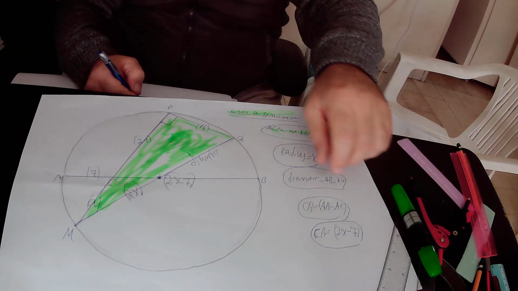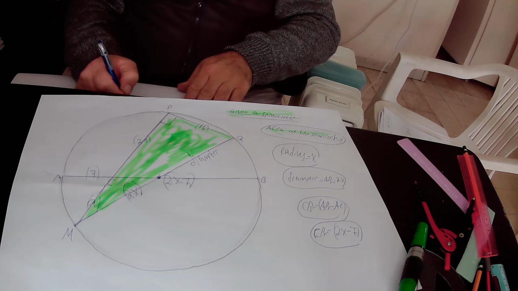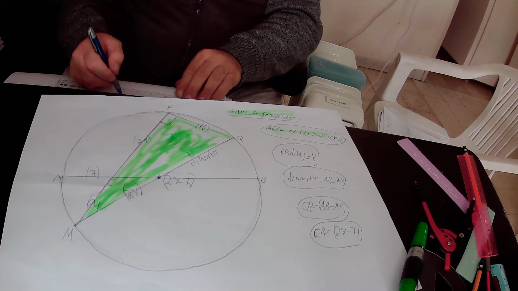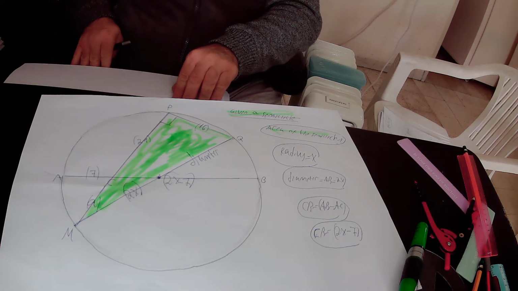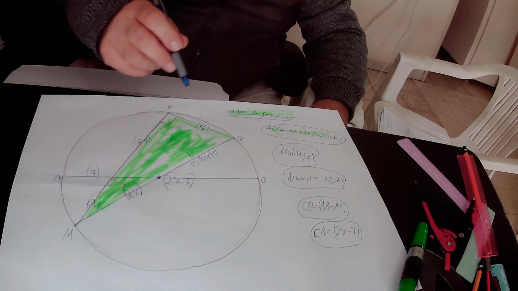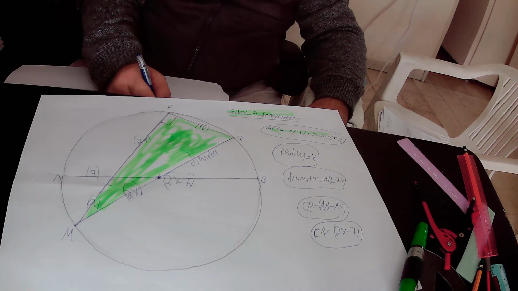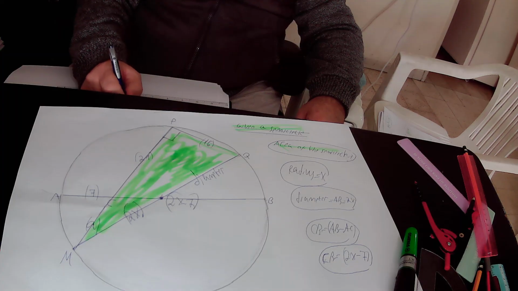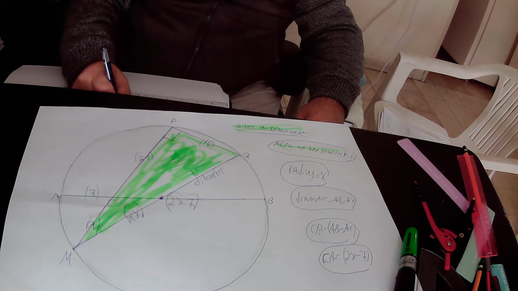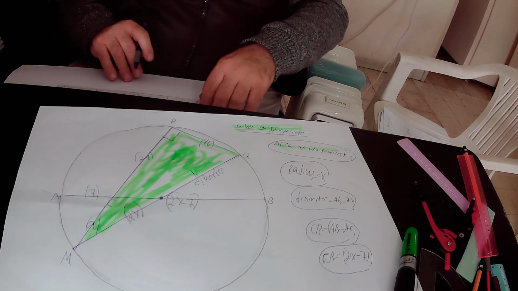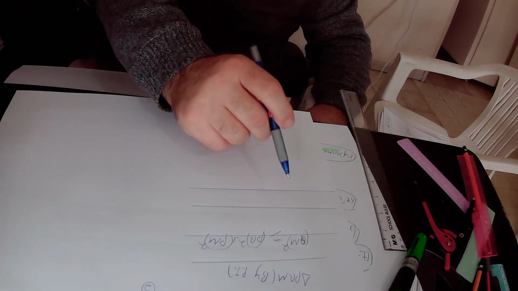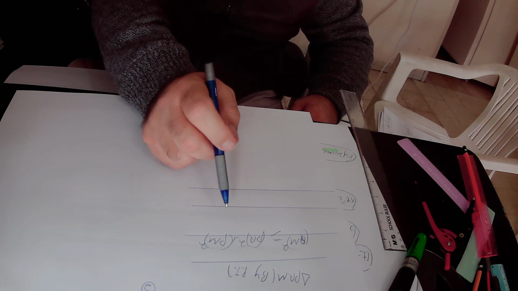So in this green right triangle PQM, according to the Pythagoras theorem, the following equation is true: QM squared, this is the square of the hypotenuse, equals PQ squared plus PM squared.